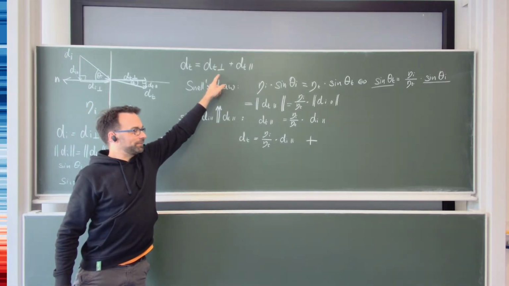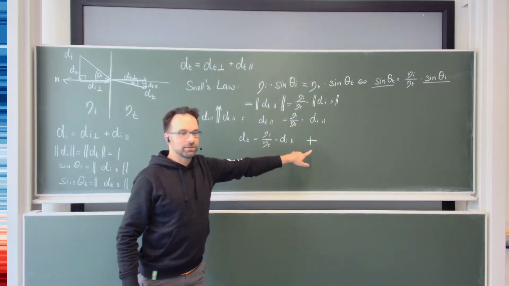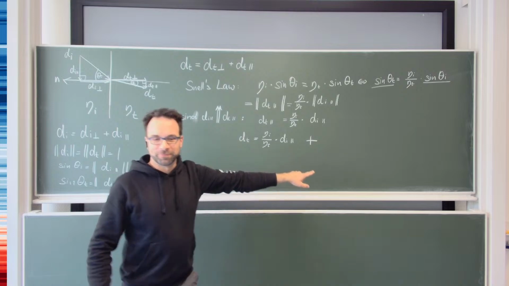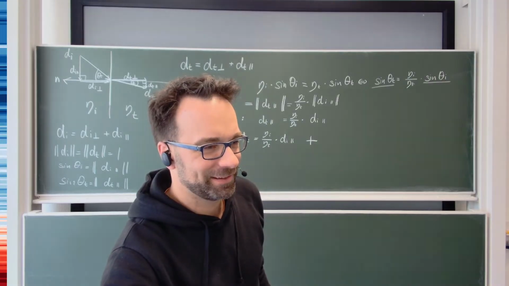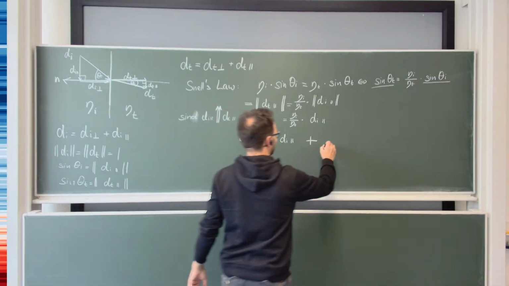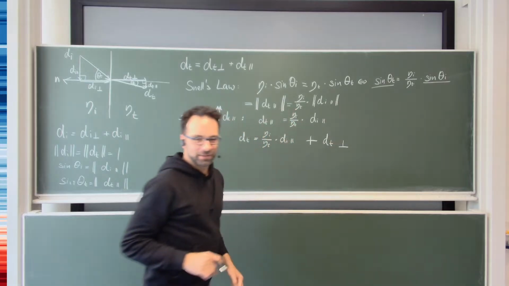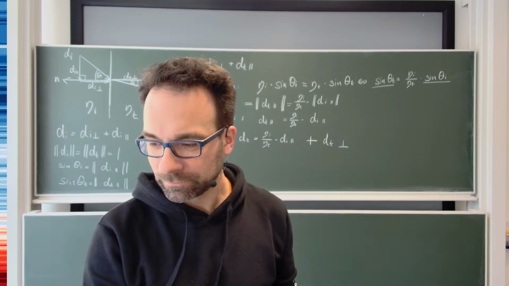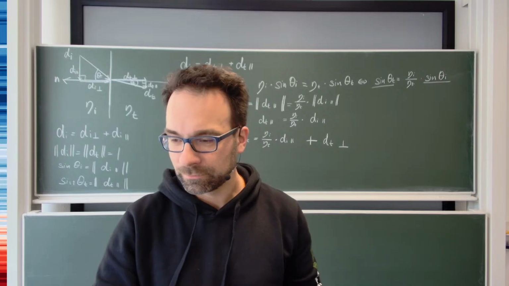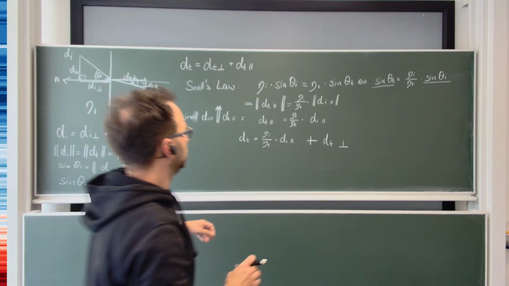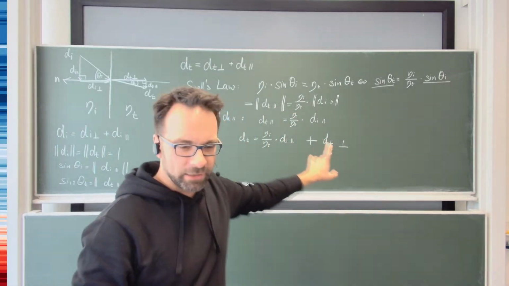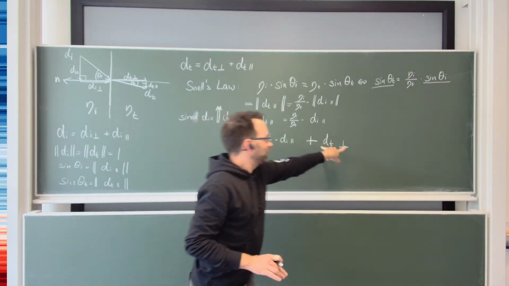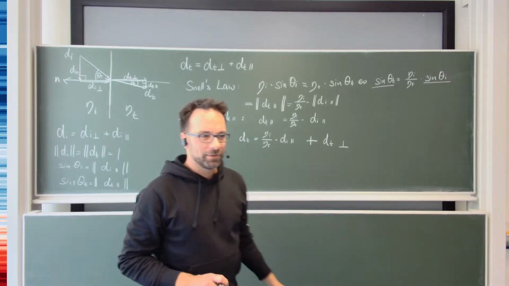What is missing? dt equals dt parallel plus, come on, yes, dt perpendicular. That is dt parallel plus dt perpendicular yields dt, right?